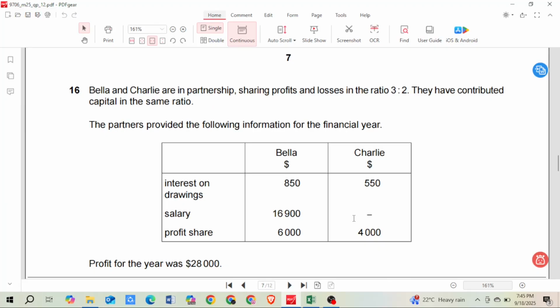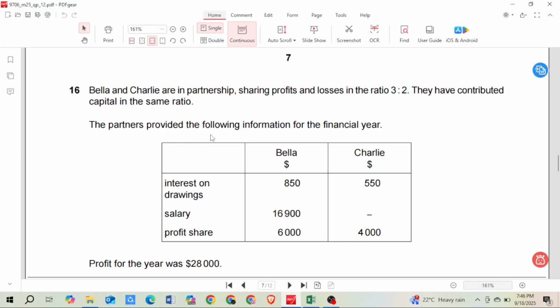Number 16. Bella and Charlie are in partnership, sharing profit and losses in the ratio 3:2. They have contributed capital in the same ratio. So 3:2 is their profit sharing ratio, and the capital is also in the same ratio. So if Bella's capital is 3 lakhs, then Charlie's capital is 2 lakhs.